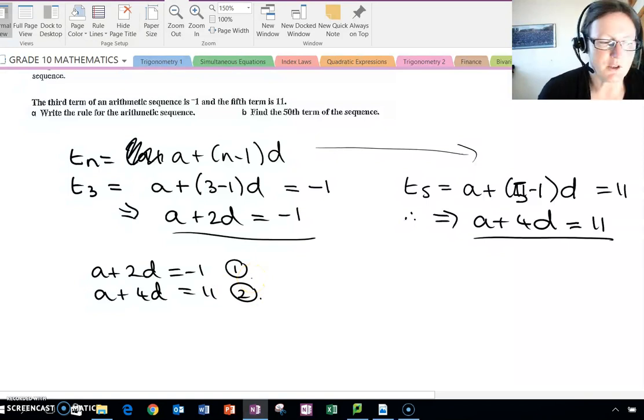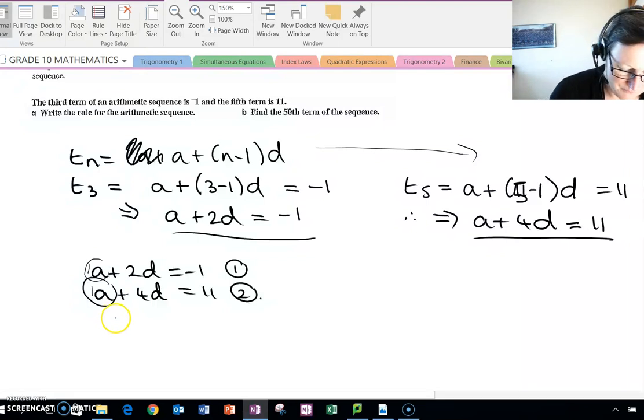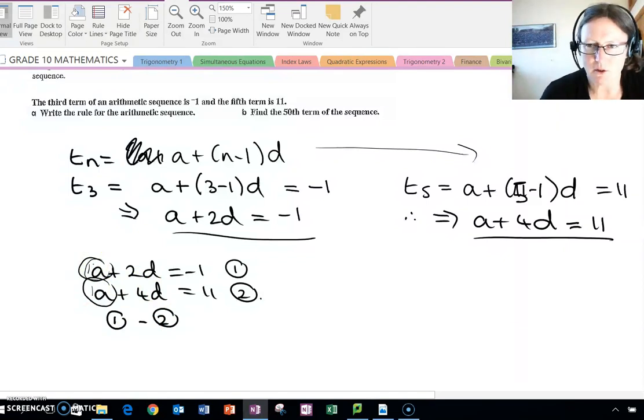So I can use my knowledge of simultaneous equations to find what we're asked to find. These both have 1a, so they have the same sign. When they have the same sign, I subtract them. 1a subtract 1a gives me 0a.